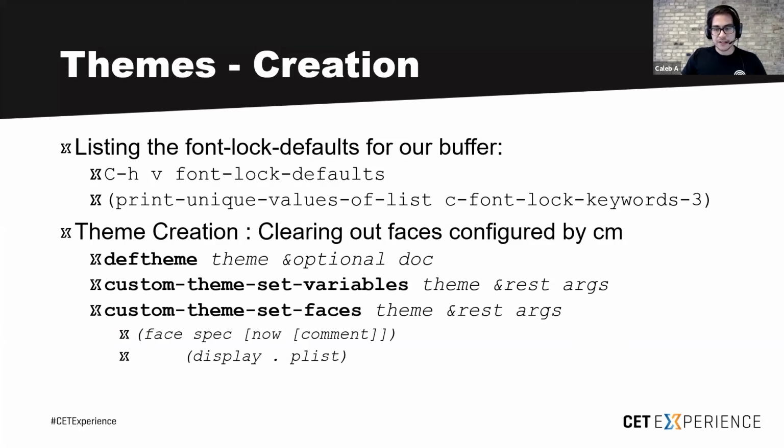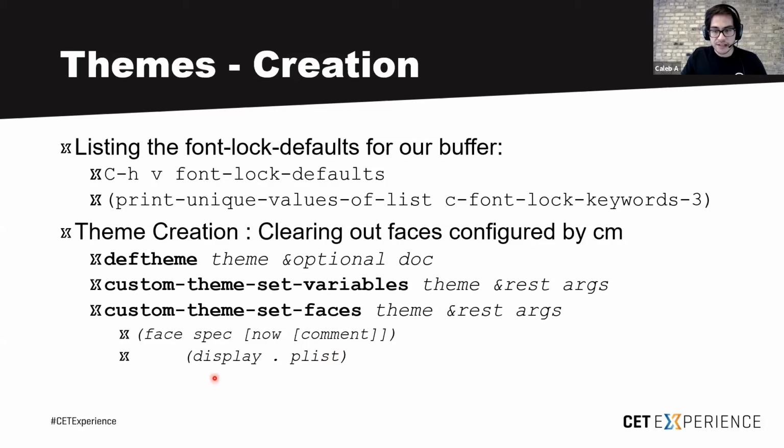Custom theme set faces. This function does the bulk of the work. This is the definition of the face variables that we talked about. The arguments here have the type face spec, where face is that symbol we printed out in the scratch buffer. Spec has a form below.